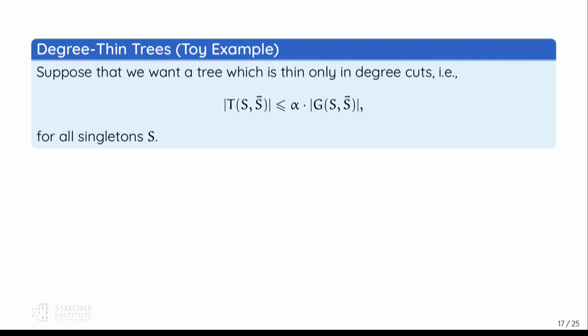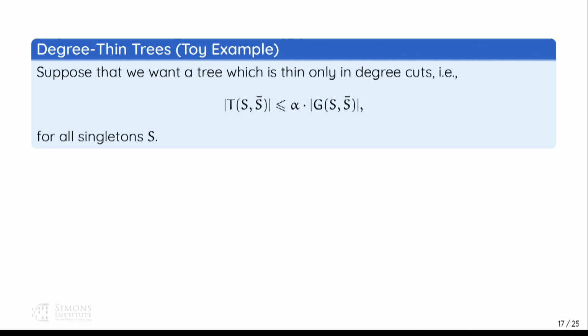Let's say that there is some special family of cuts, in particular degree cuts, the cut around every vertex, and we only care about thinness in these cuts. Let's call this degree thin tree. So we have a graph G and we want to find a spanning tree of it, T, such that for degree cuts this inequality is satisfied. The degree of every vertex is bounded by alpha times the degree in G.